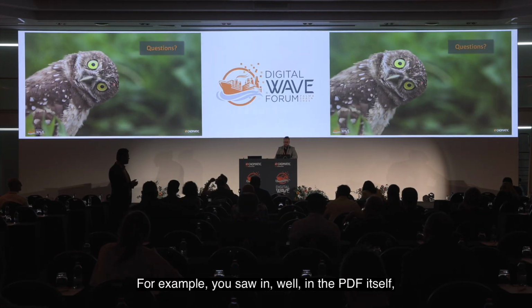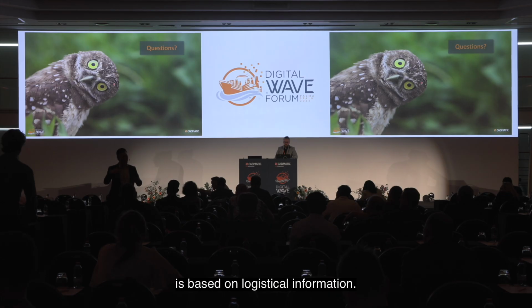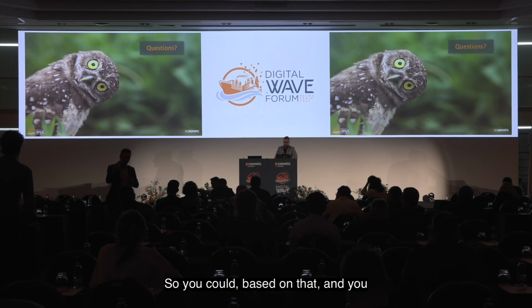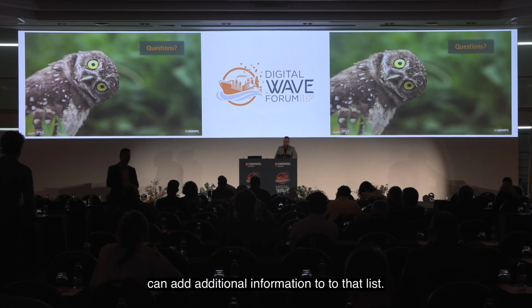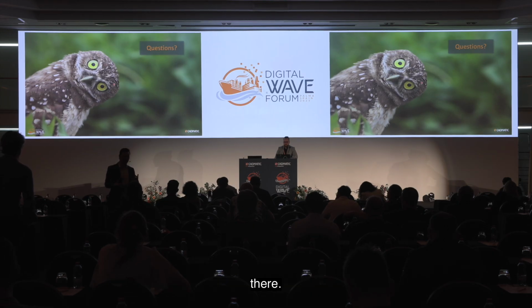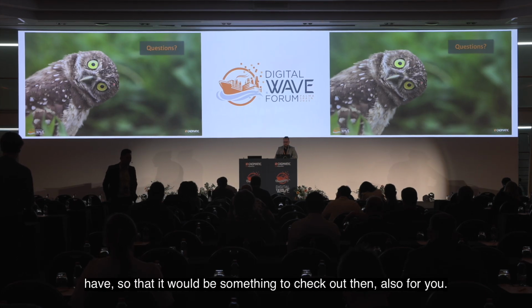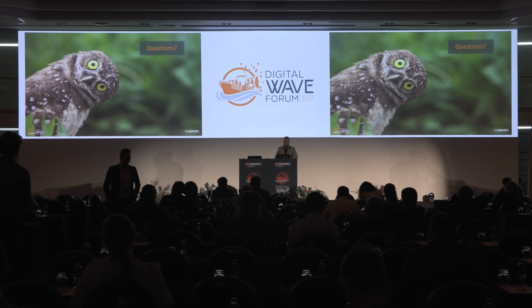For example, you saw in the PDF itself that there is a title, and that title is based on logistical information. You can add additional information to that list, but it is based on the assembly step. So yes, you can have certain logistical information there. But dependent on your use case, I don't know exactly what you would like to have, so that would be something for you to check out.